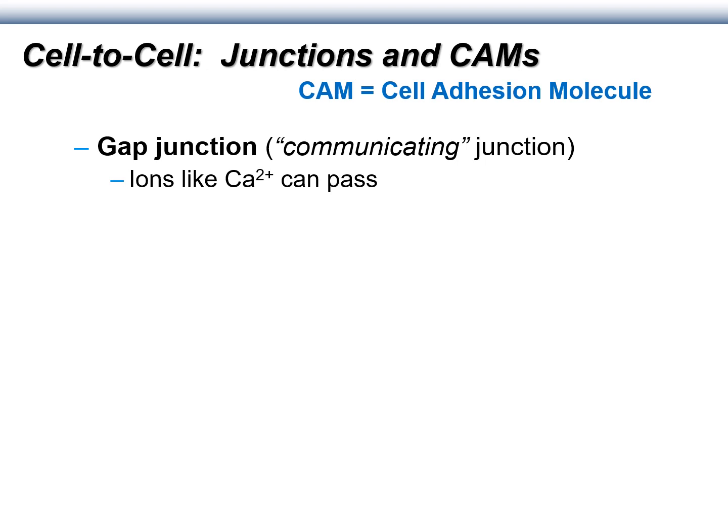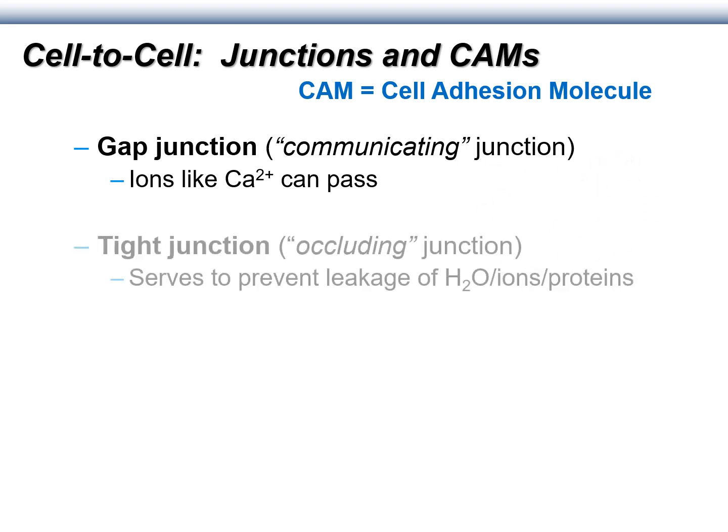In the case of the gap junction, you have a protein complex that creates a channel between two plasma membranes. So you can create communication through messenger molecules like calcium. So calcium can diffuse through two plasma membranes and then cause effects in the downstream cell.